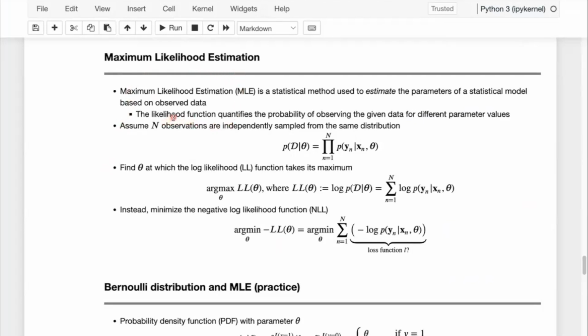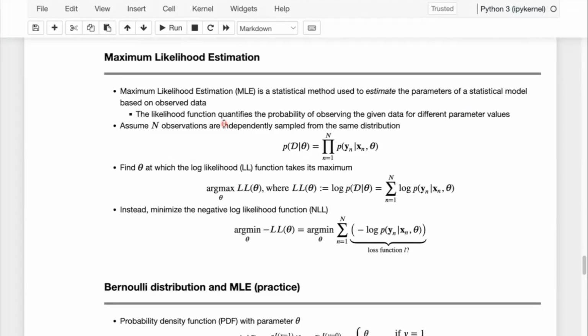So the idea is that you form something called the likelihood function, which measures the probability of observing the data for different parameter values. So you condition your data on these parameters, and then you aim to find the thetas that maximize this likelihood function. That's why it's called maximum likelihood estimation.